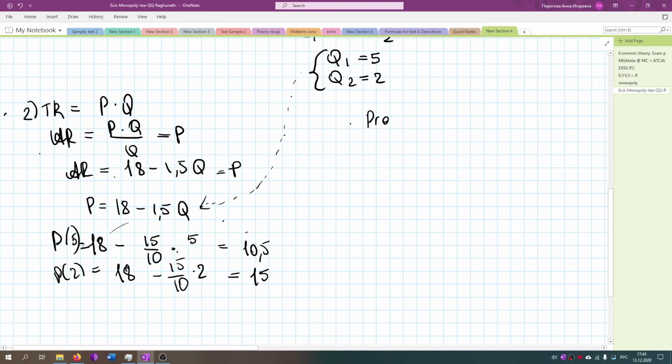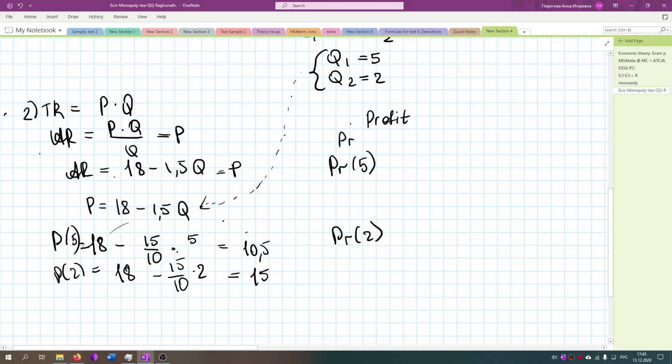And finally, we need to calculate profit. And here we will compare our profit in case of quantity is equal to 5 and in case of quantity is equal to 2 because we have received two quantities. And then we will choose between these quantities based on the profit.